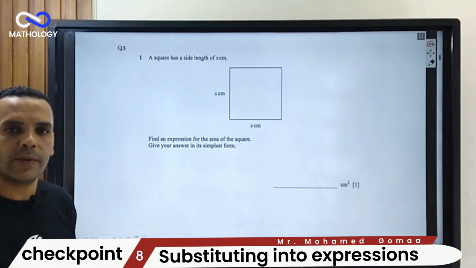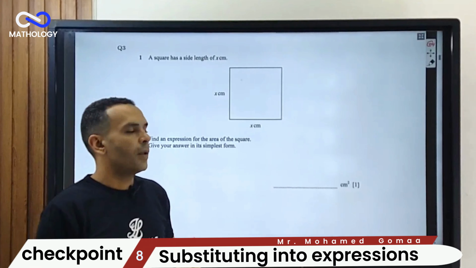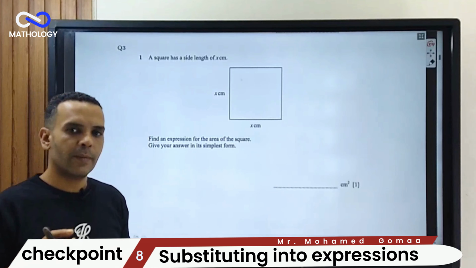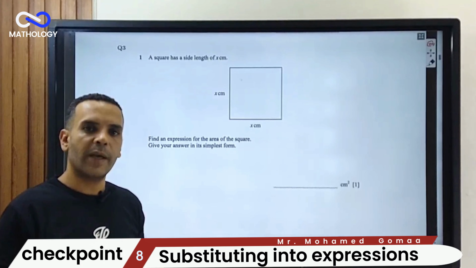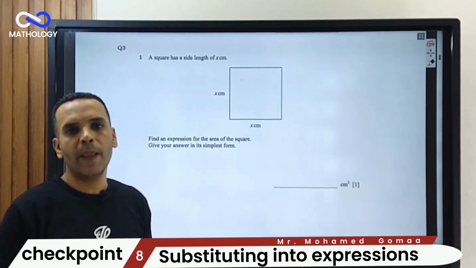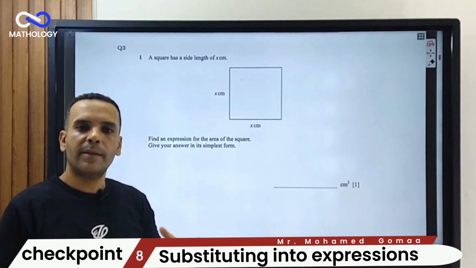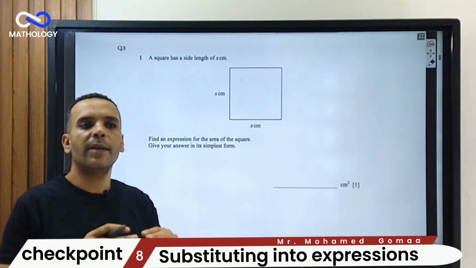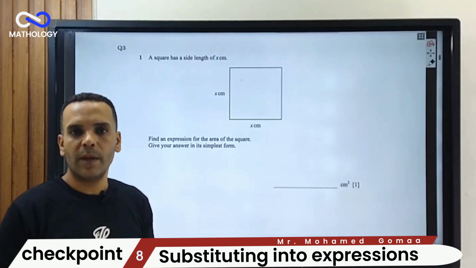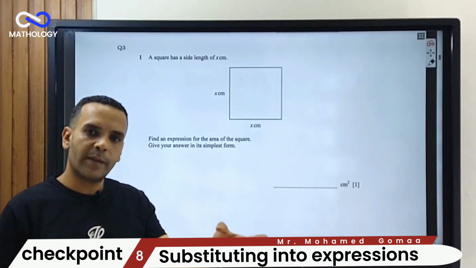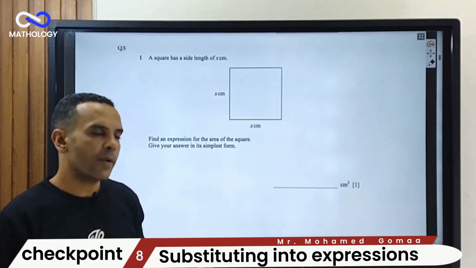The perimeter of the square is side multiplied by 4. All the sides of the square are equal in length. So perimeter means add the outer sides of the shape, the distance which is around the shape. If we add x plus x plus x plus x, it will be 4x. That means side multiplied by 4.